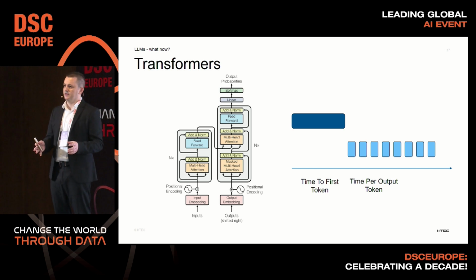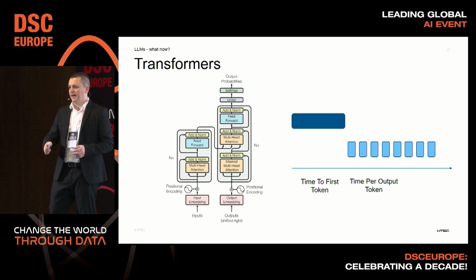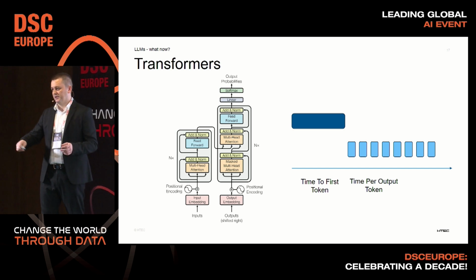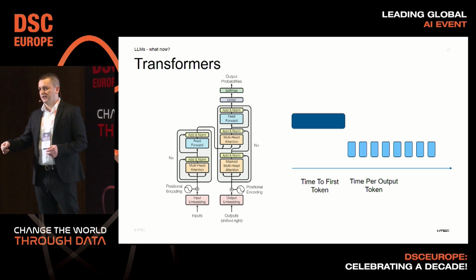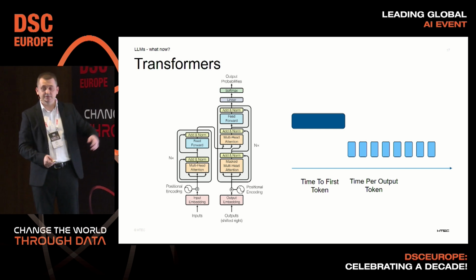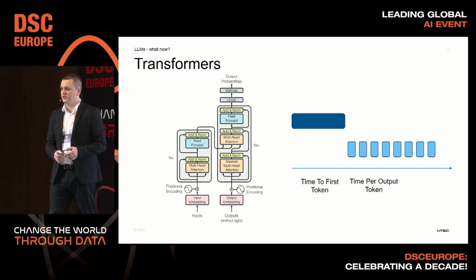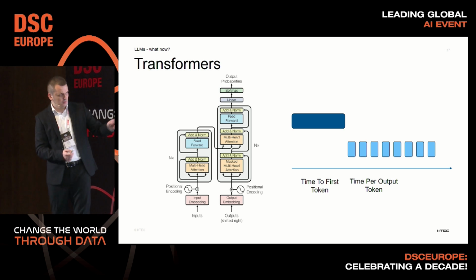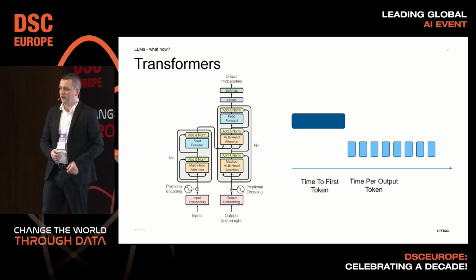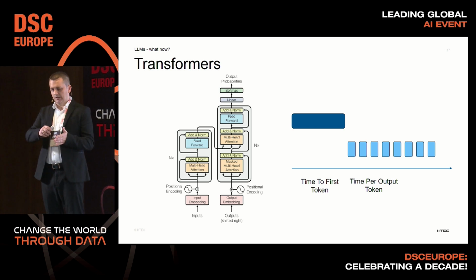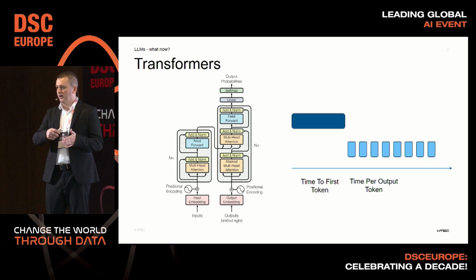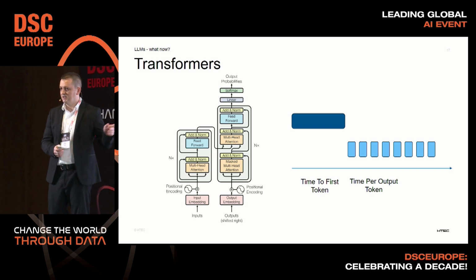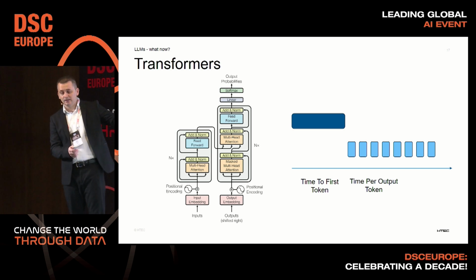You enter the entire prompt, hit enter, and in prefill we process all of the tokens that you entered. There are different parts of that encoder architecture, and you get a response back. Time per output token is the time for getting the tokens one by one after that. Some of these metrics can be quite different.